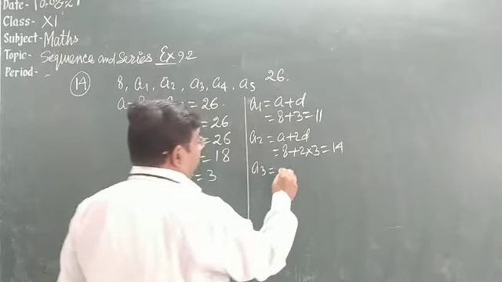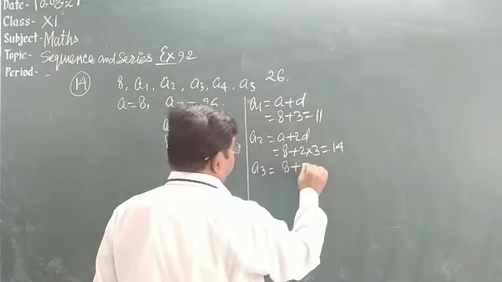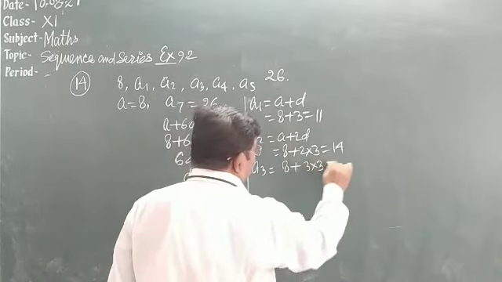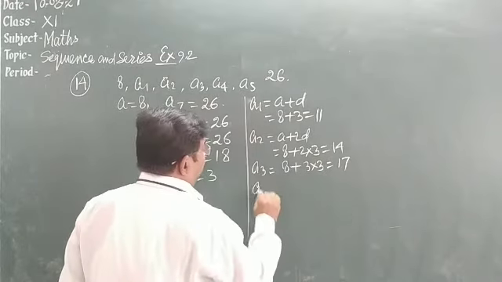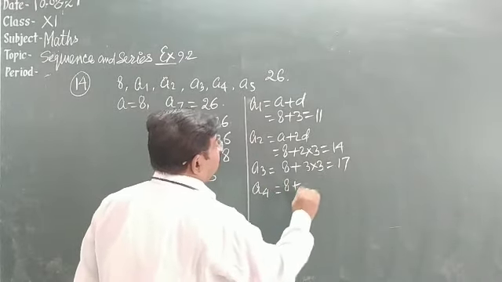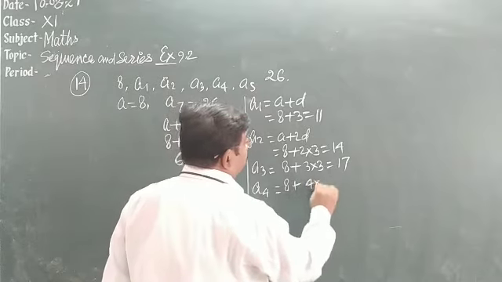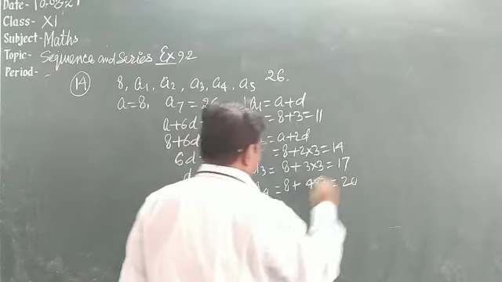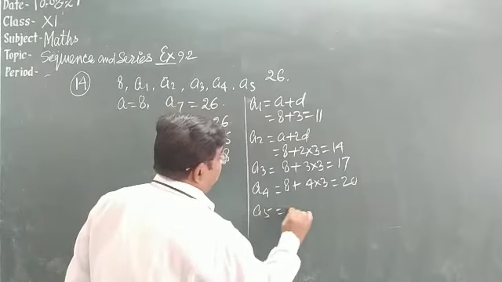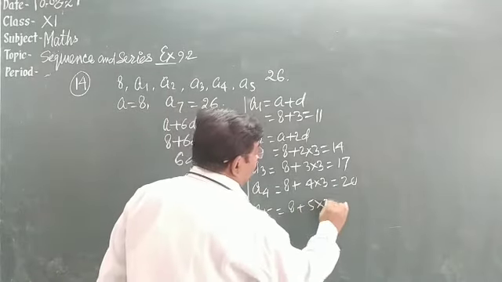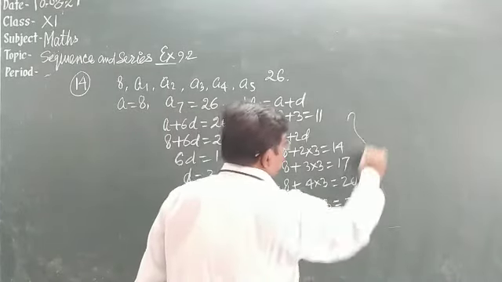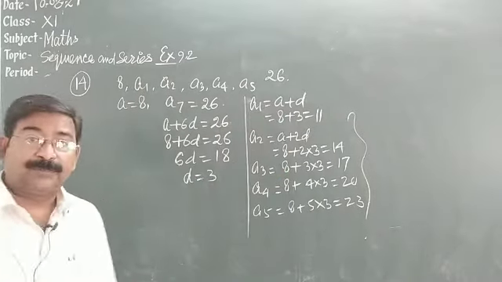A3 is 8 plus 3 into 3, which is 17. A4 is 8 plus 4 into 3, which is 20. A5 is 8 plus 5 into 3, which is 23. So these are the answers.